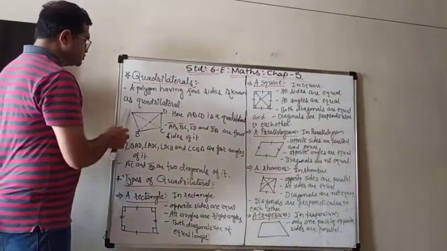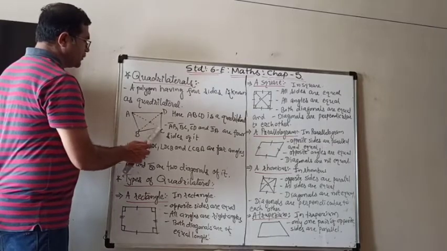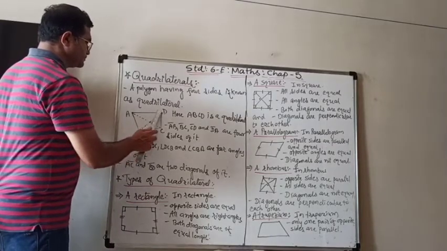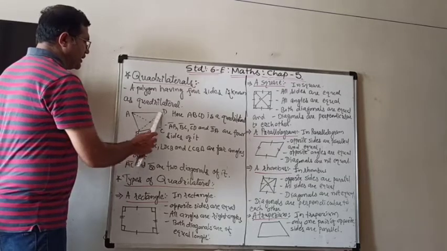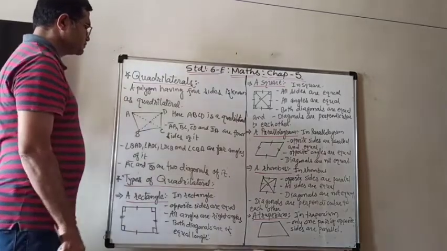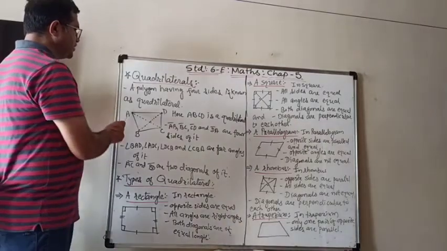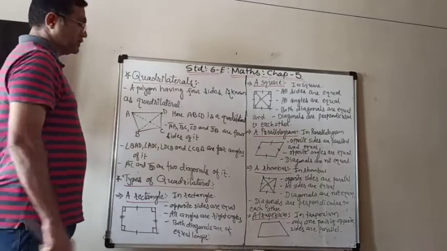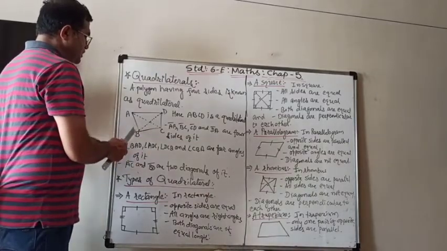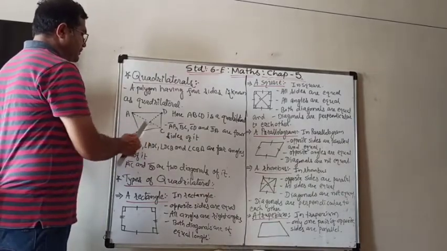And then if you join the opposite vertices, you get two line segments, line segment AC and line segment BD. When you join the non-consecutive vertices, means after skipping them, then you get these two line segments.